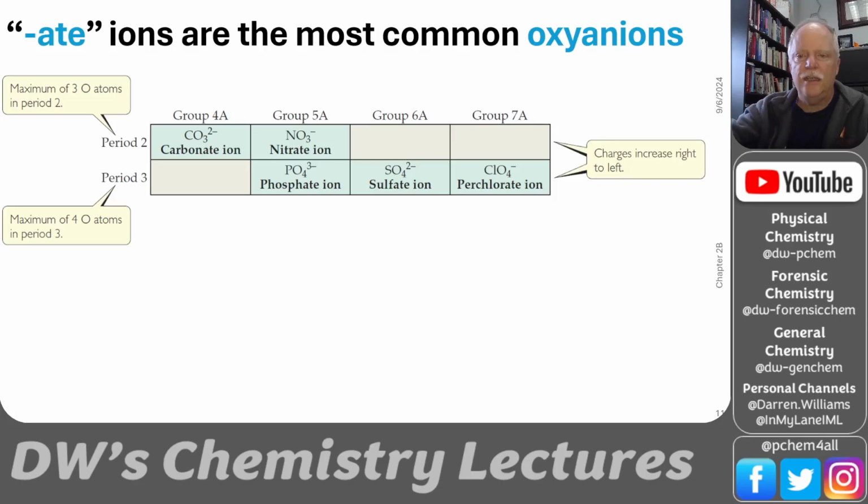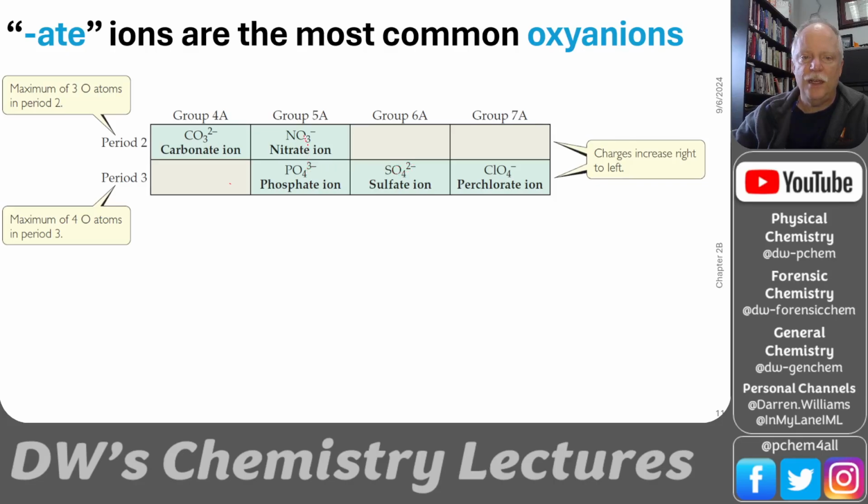So you can see that perchlorate uses chlorine, which is in group 7A. Sulfate uses sulfur, which is in group 6A. And you see the charges increase right to left. So in Group 7A, ClO4 is a -1. The sulfate is a -2.